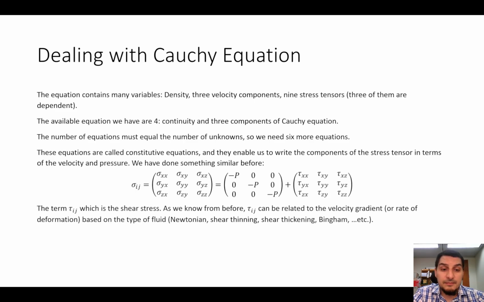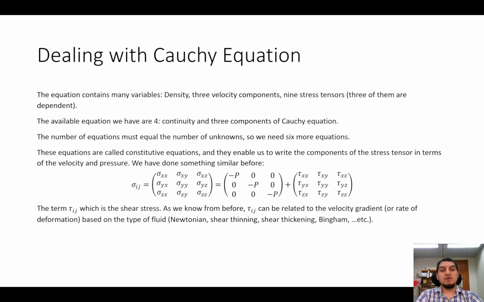So even without the point of equations and unknowns, there is no way we can solve this equation without knowledge of how the fluid behaves. This is a very, very logical thing. You need to know how the fluid behaves so that you can know how to calculate its shear stresses.